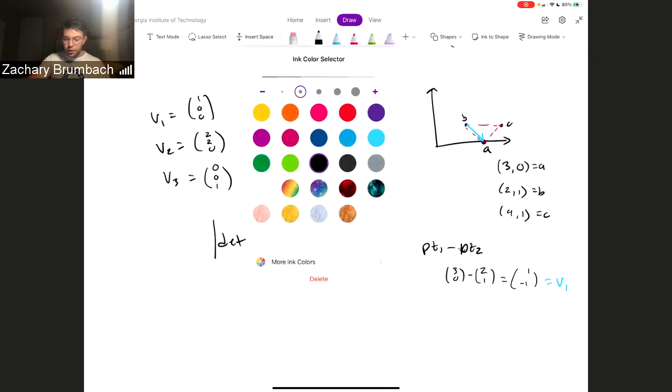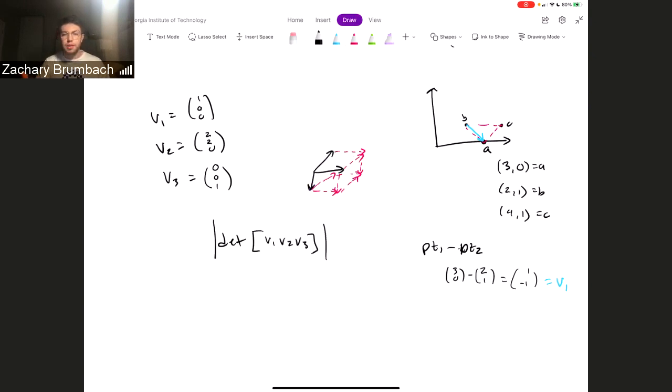Basically you just pick two points and you subtract them. Then you pick a separate pair of points and subtract them as well, and you'll get a second vector. So now if we do (4, 1) minus (2, 1), we get (2, 0). All right, so this is our v2.